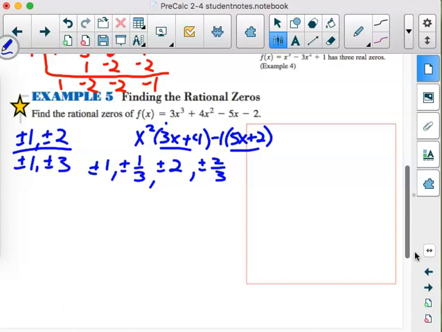So those are the ones that, if I didn't have a graphing calculator, I would try until hopefully I found 1. Now, why do I need to find 1? Because this is a cubic, and if I can find just one of those, then it will be down to a quadratic. And we can find the zeros for any quadratic by completing the square.